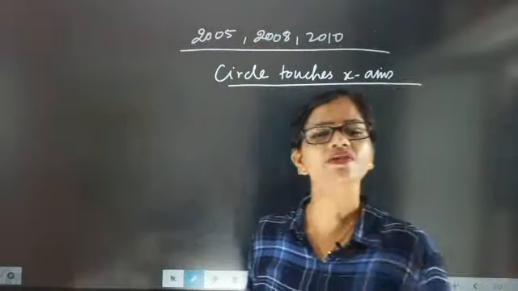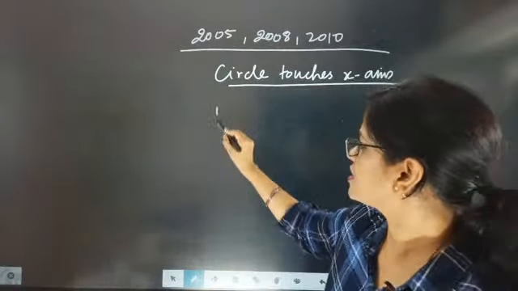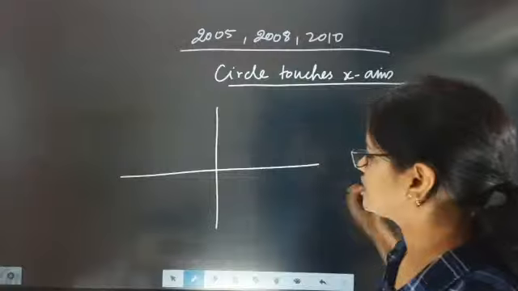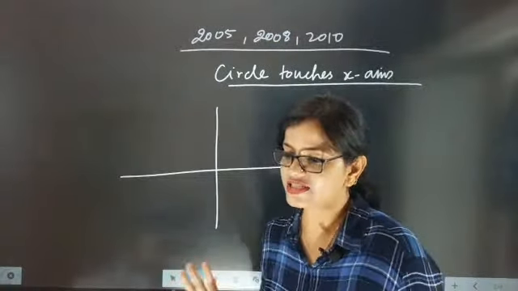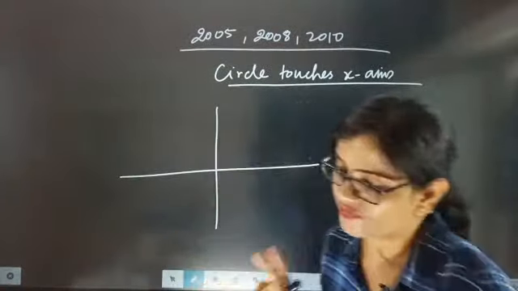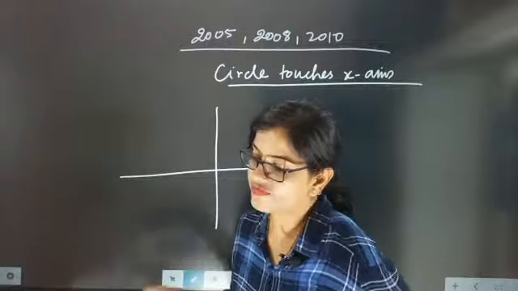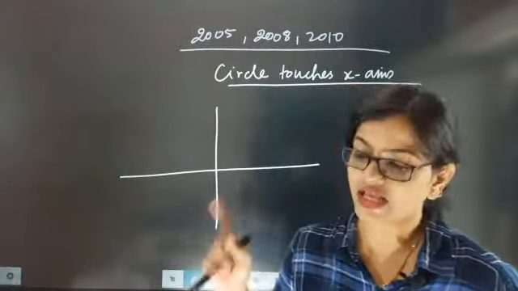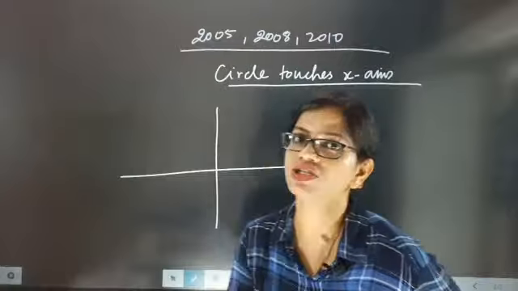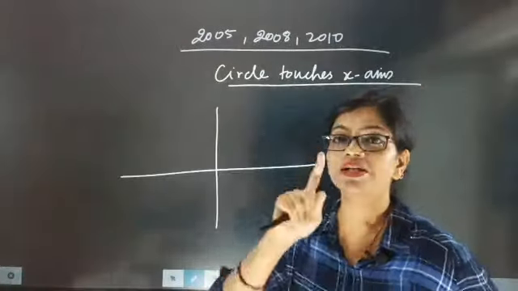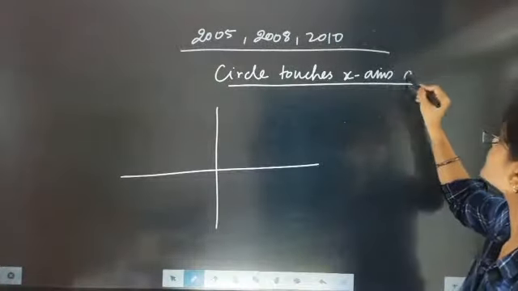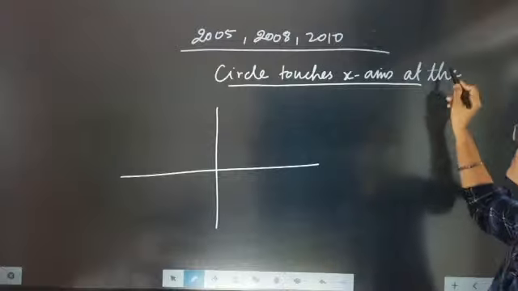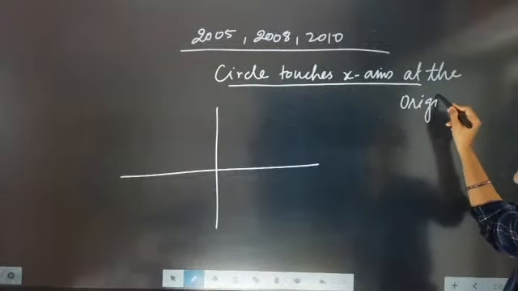So you have to be very careful: find the differential equation of all the circles touching the x-axis at the origin. It touches the x-axis only at the origin, no other place.